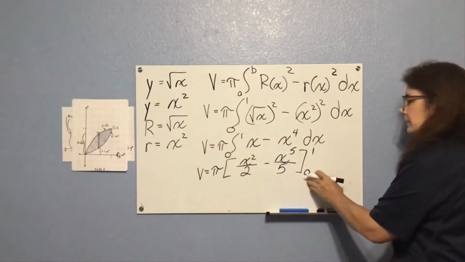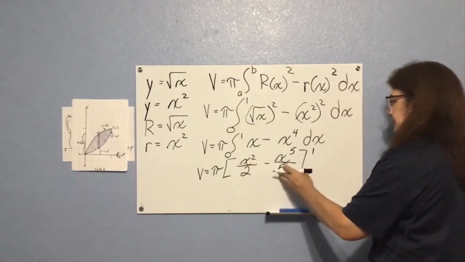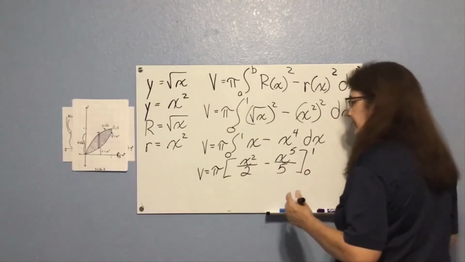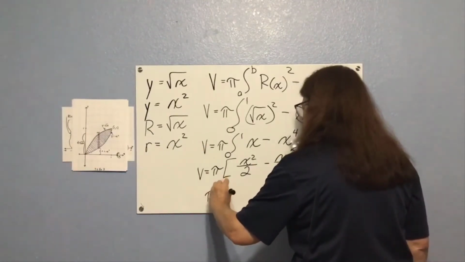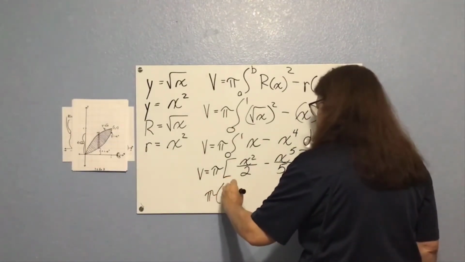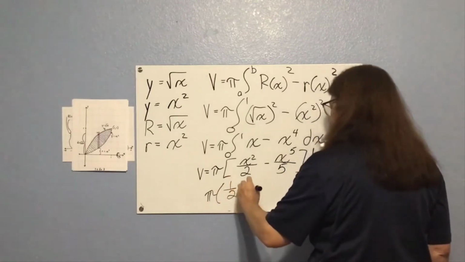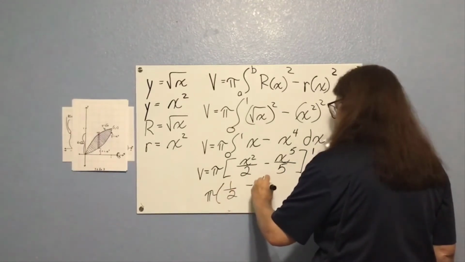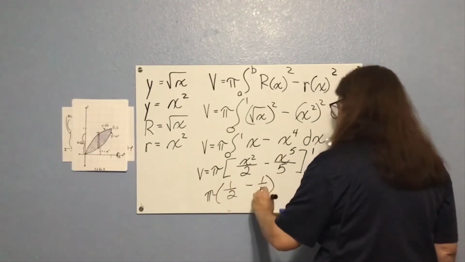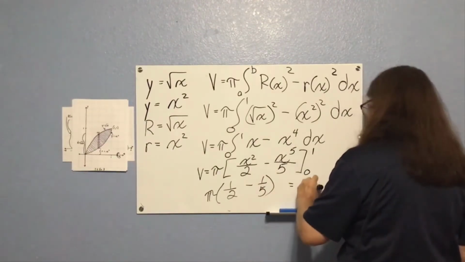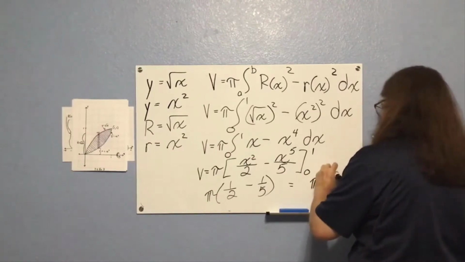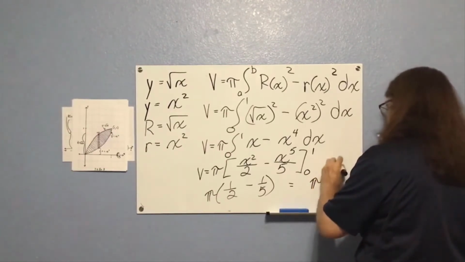When I evaluate at 0, this is going to be 0 and this is going to be 0, so I only need to evaluate at 1. So I've got pi times 1/2 minus 1/5, which is going to give me pi times 3/10.